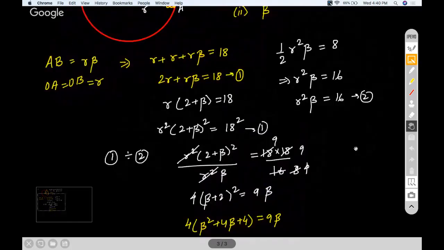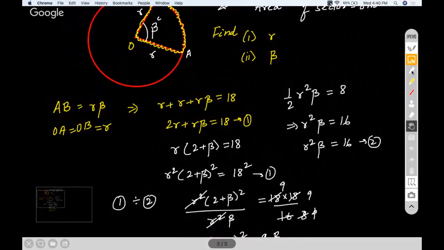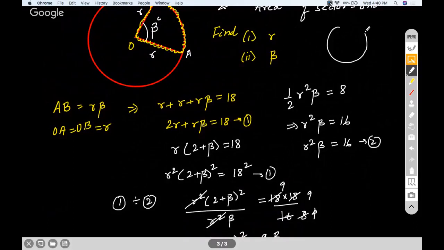How do we get the second equation? Let me explain this once again. We know that in any sector which subtends an angle theta at the center, the area of this sector is half r square theta. Are you aware of this, Mehak? Yeah, this part is clear. Half r square theta. How do you get this? Very simple.